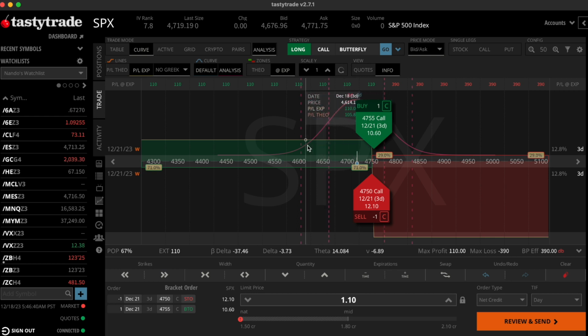This profit line went down from 170 to 110, and the corresponding profit and loss figures were adjusted to that, okay? So I'm going to have a bit less profit and a bit more potential loss as the trade was actually done. So market goes down, time passes, a couple things go my way, a couple of important variables, and then I decide it's time to get out of this trade because it's worth 10 cents.